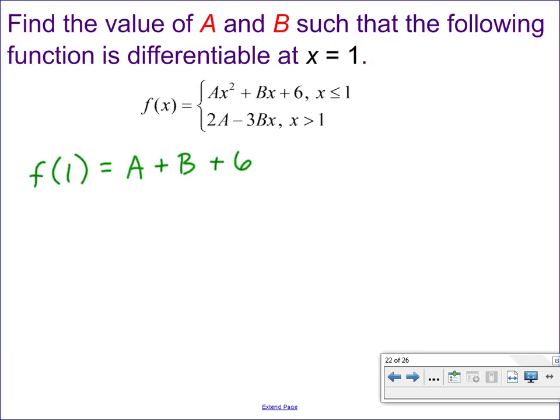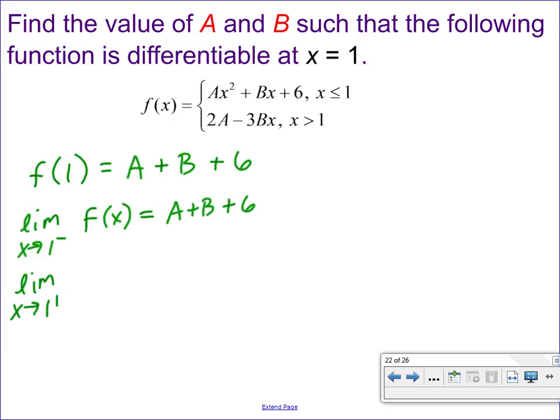And what do we need for overall limit? We need a left-hand limit. That is the limit as x approaches 1 from the left-hand side of f of x. Which function definition do I use for that? Well, top again, I get the same thing: a plus b plus 6. Left-hand limit. Now we need right-hand limit. Right-hand limit, I'm going to use a different function definition.